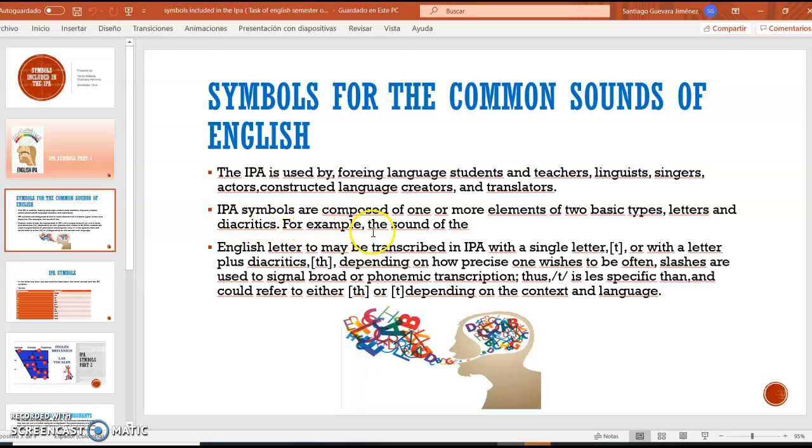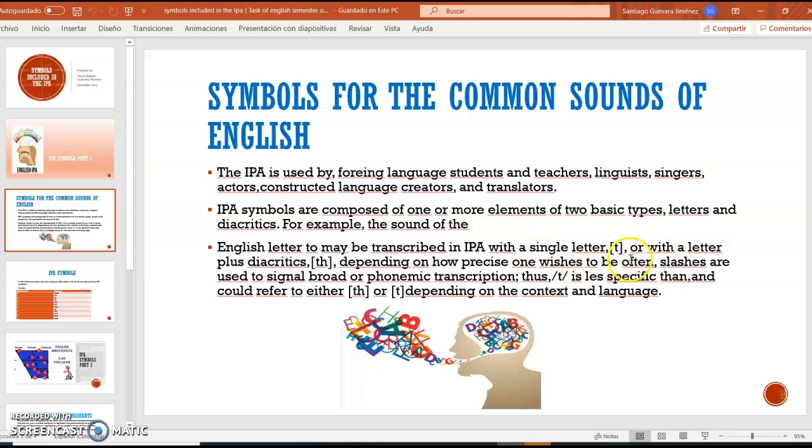For example, the sound of the English letter T may be transcribed in IPA with a single letter T or with a letter plus diacritics, depending on how precise one wishes to be.